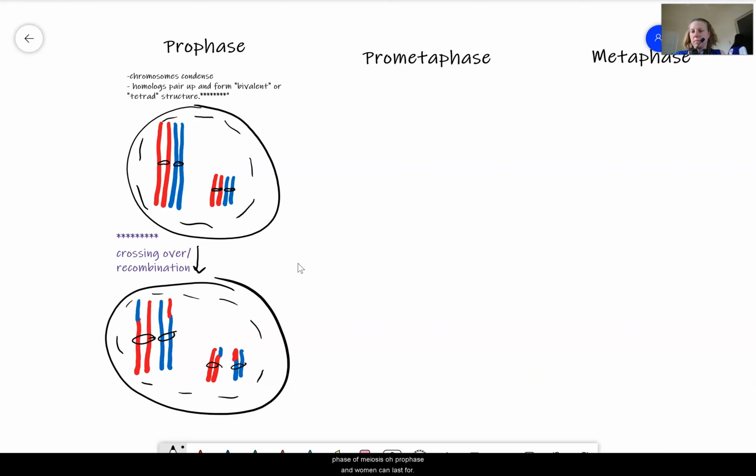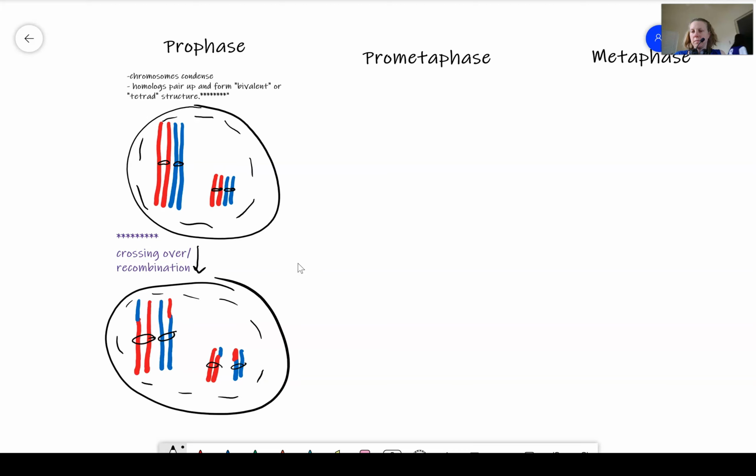So prophase in women can last for maybe 12 or 13 years, or however old you were when you first got your period, or up to as long as like 40 or 45 years when you stop going through meiosis every month. It's kind of fascinating that all of that is just hanging out inside of you, waiting for the next cycle to go through.